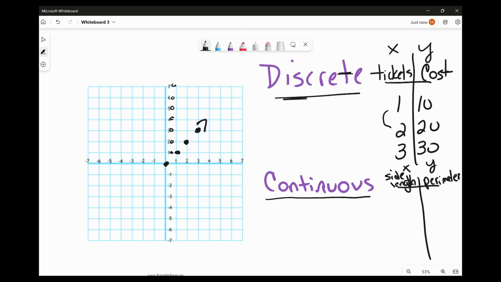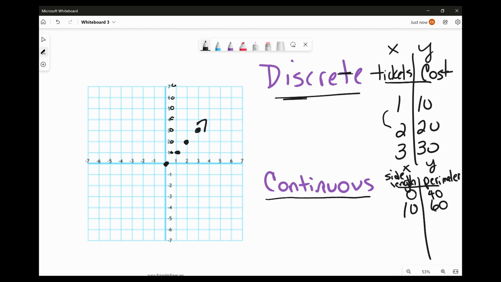So let's say you have a side length of 10. And when the side length is 10, for example, the perimeter is, let's say, 60. And when the side length is 0, that would be the smallest it would ever be. So if the side length was 0, the perimeter would be 40, for example.